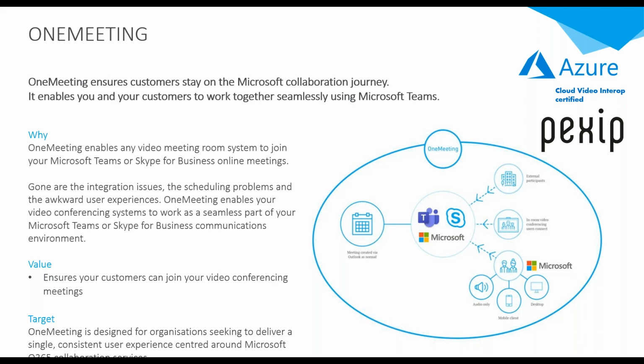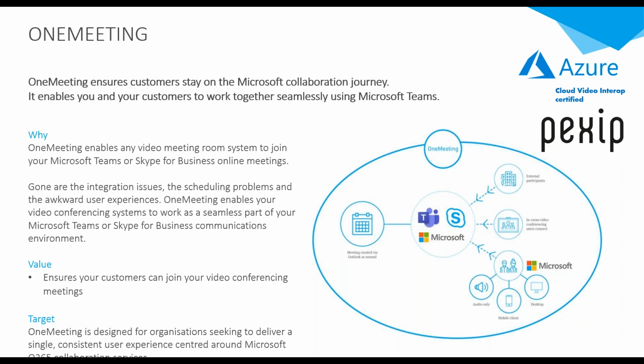So traditionally, it might have been the case that you were using Teams for one sort of meeting, but you had some other meeting rooms, some legacy meeting rooms, traditional standards-based video meeting rooms, so SIP or H323 rooms, that would not connect to Teams or Skype for Business meetings without a bridging mechanism to get them into the call.